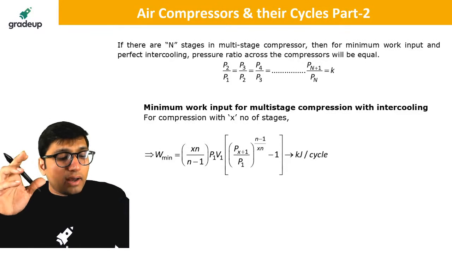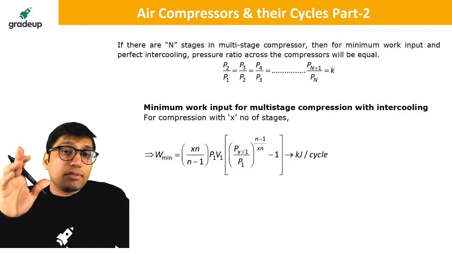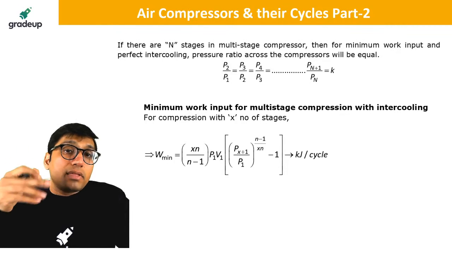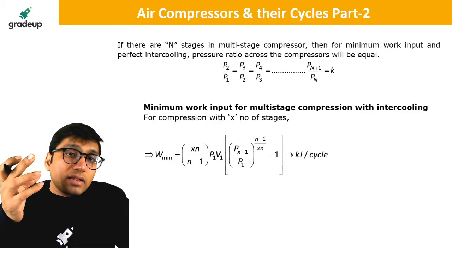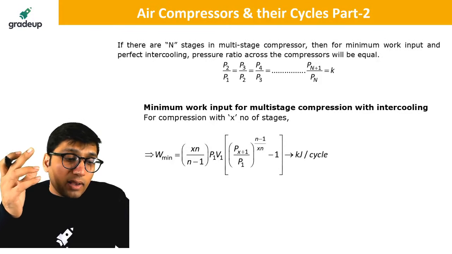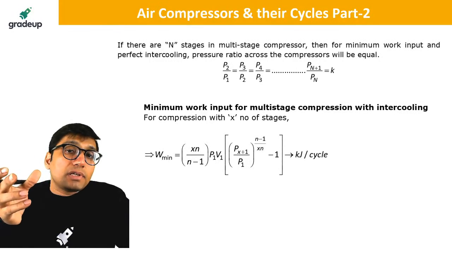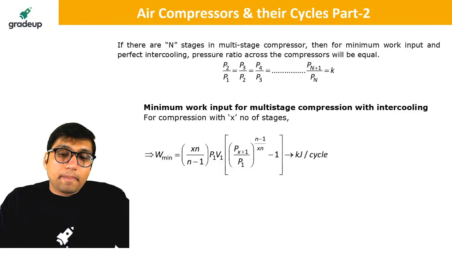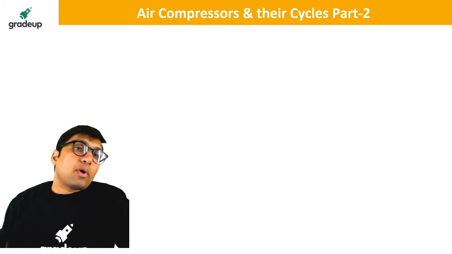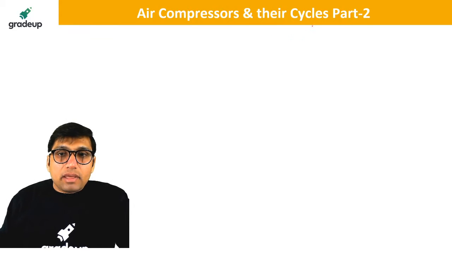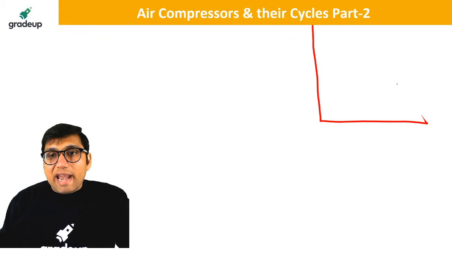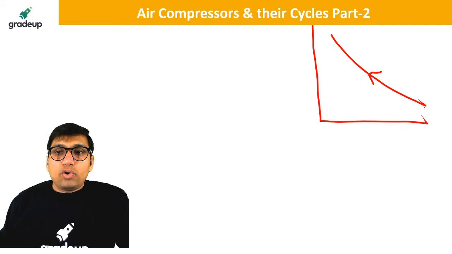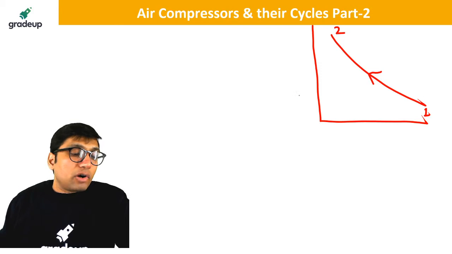Now in the case of a reciprocating compressor, as you know, generally high pressure ratios are obtained and very little discharge. So reciprocating compressors are used for very high pressure ratio and low discharge. But there is a problem with reciprocating compressors. That problem is if you do the entire compression in a single stage, what will happen?